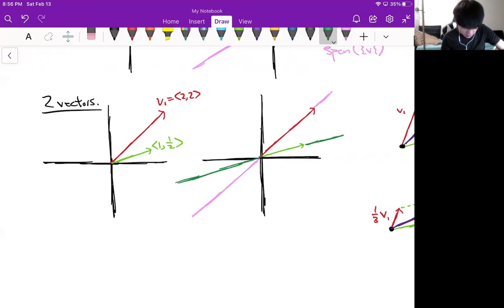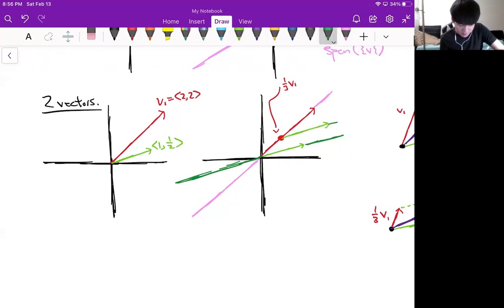Now, what if I started here on this line? This looks like 1/3 V1, so 1/3 V1 plus something from V2. What does that look like? Adding something in V2 is the same as going in this direction. So if I start from 1/3 V1 and add one copy of V2, that would look something like this.